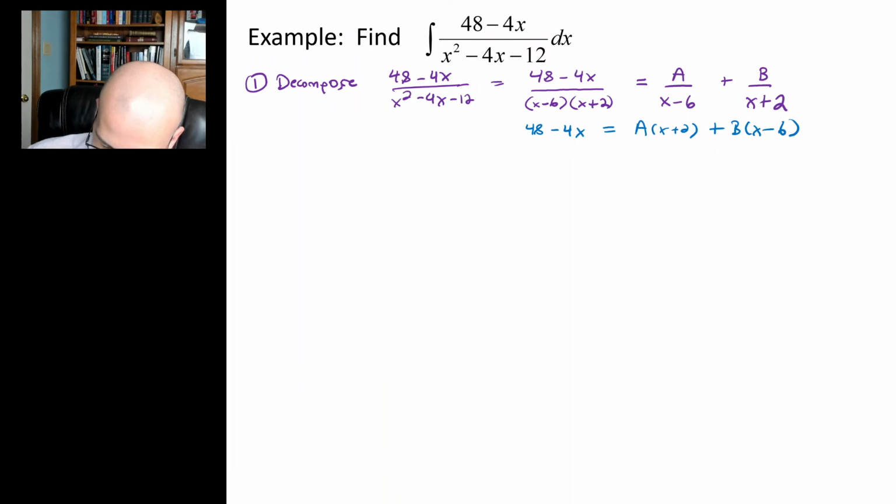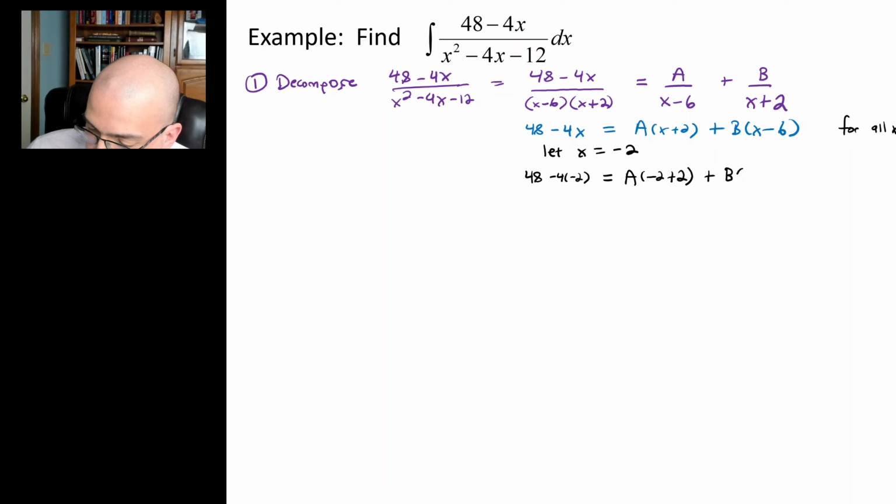We have to be smart though. If we want to find a and b easily without making a system of equations, we have to choose x values that will make one part of this expression disappear. So I can make the first part of the expression disappear if I let x equal negative 2. So let x equal negative 2. I have to replace all the x's with negative 2. So 48 minus 4 times negative 2 is equal to a times negative 2 plus 2 plus b times negative 2 minus 6.